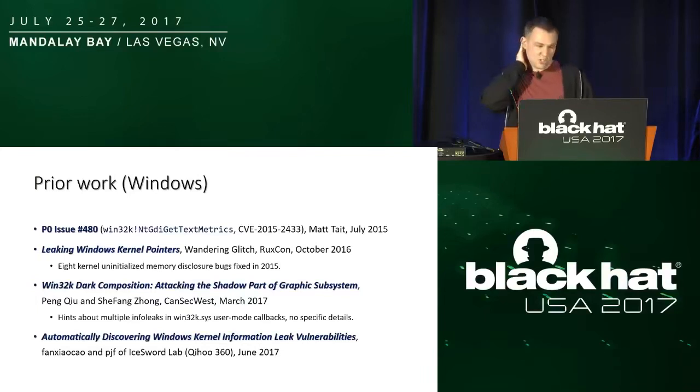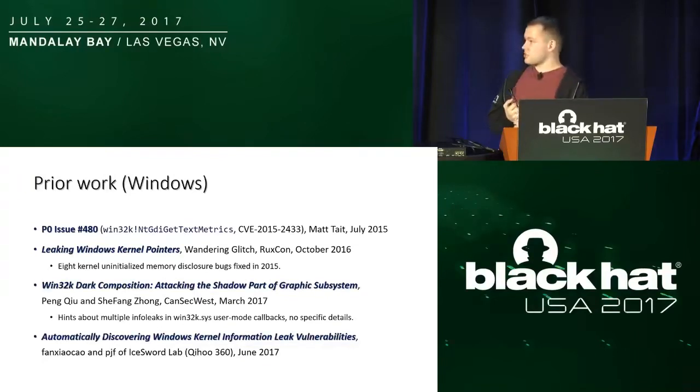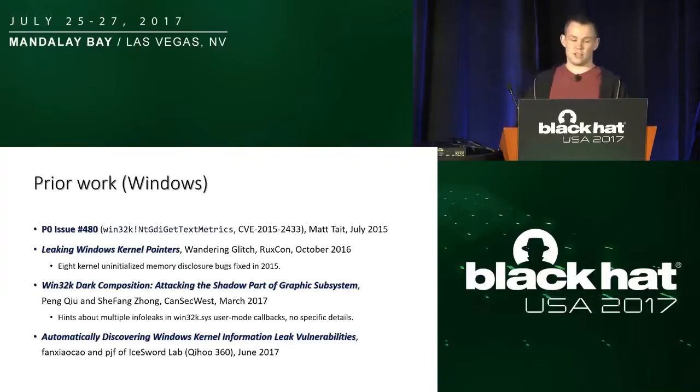Interestingly, there hasn't been too much work within that space on Windows. According to my best knowledge, people started to take interest in this kind of issue something like 2 years ago. We have this one issue in the Project Zero tracker discovered by Matt Tate. Then we have a presentation given by Wandering Glitch last year about several uninitialized memory disclosure bugs fixed in 2015.